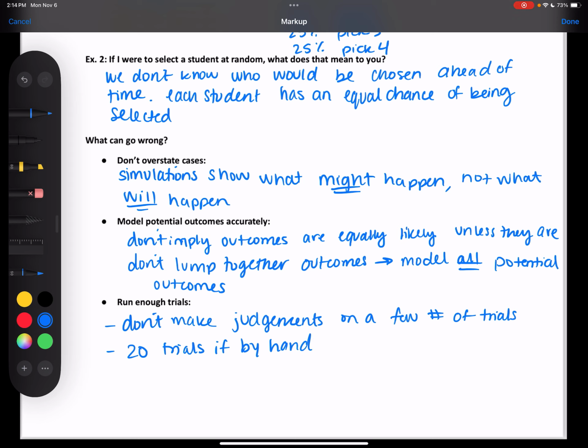If you're using your calculator, for the sake of space, it's still going to be 20. But if we are using a computer, it's going to be 100 trials, because the more trials we have, the more accurate our data is going to be.